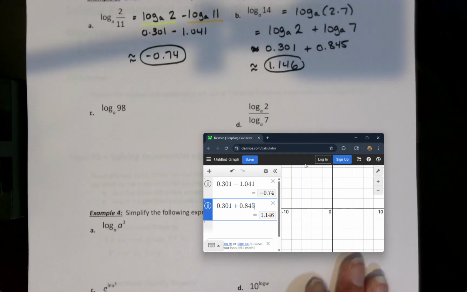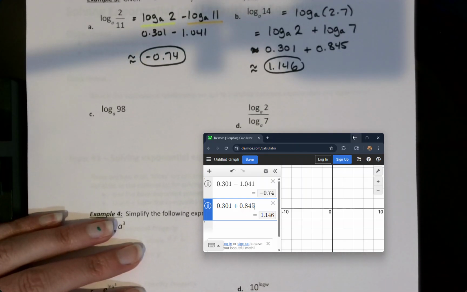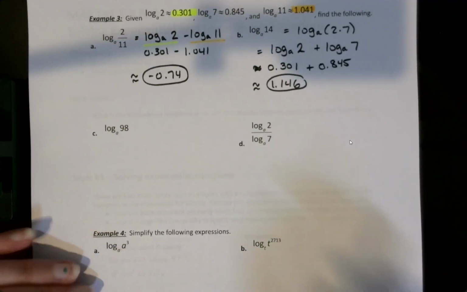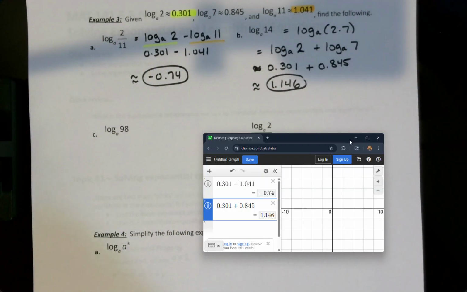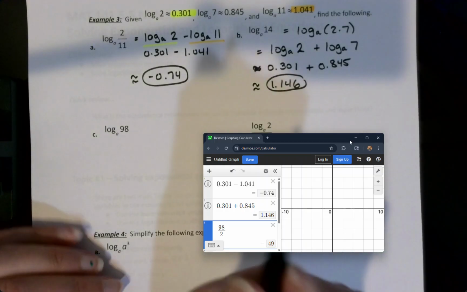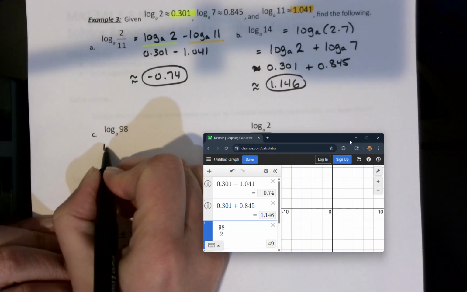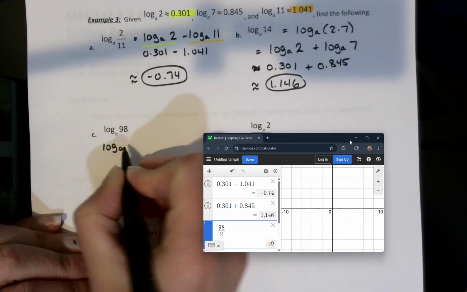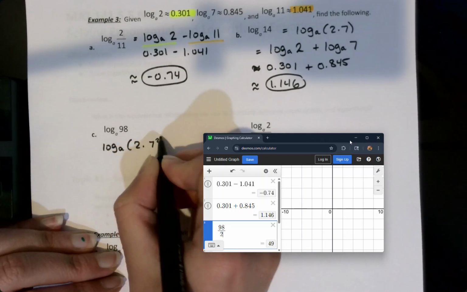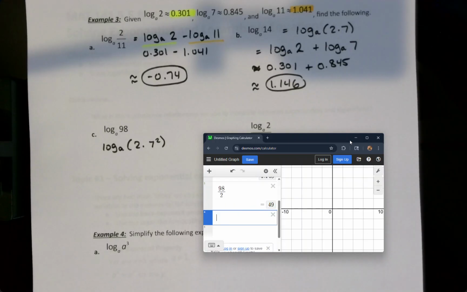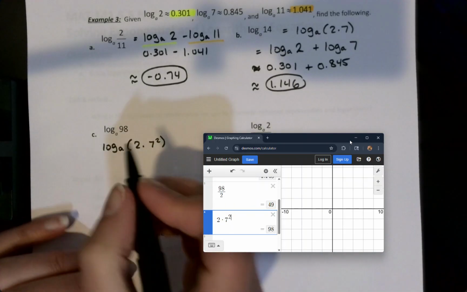All right, continuing on, let's see if we can create a 98 out of these values, 2, 7, and 11. 98 is 49 divided by 2, and I know that 49 is 7 squared. So I can think about this as being log base A of 2 times 7 squared, right? If I multiply 2 times 7 squared, it is 98.